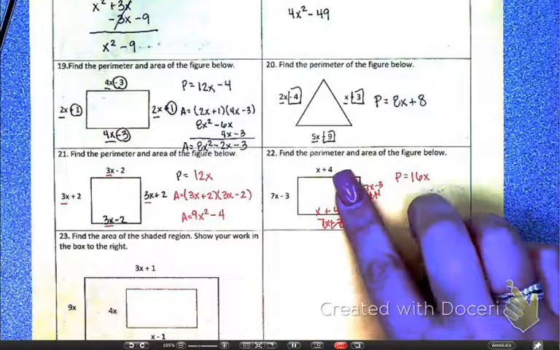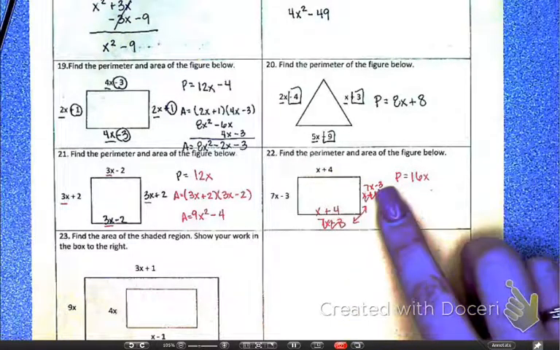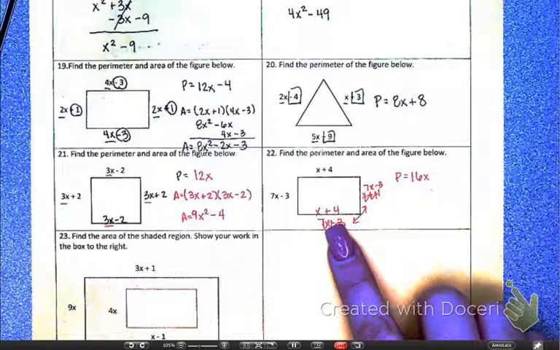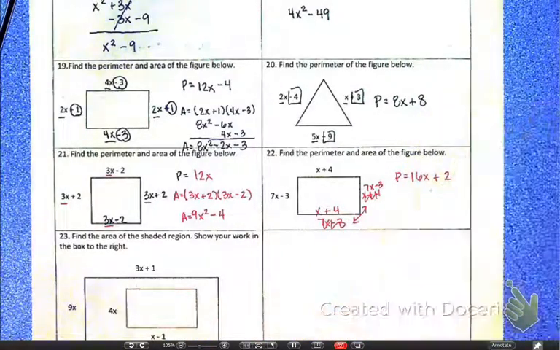Negative 3 plus 4 is 1. 1 minus 3, negative 2. And negative 2 plus 4, 2. So perimeter, you should have gotten 16x plus 2.